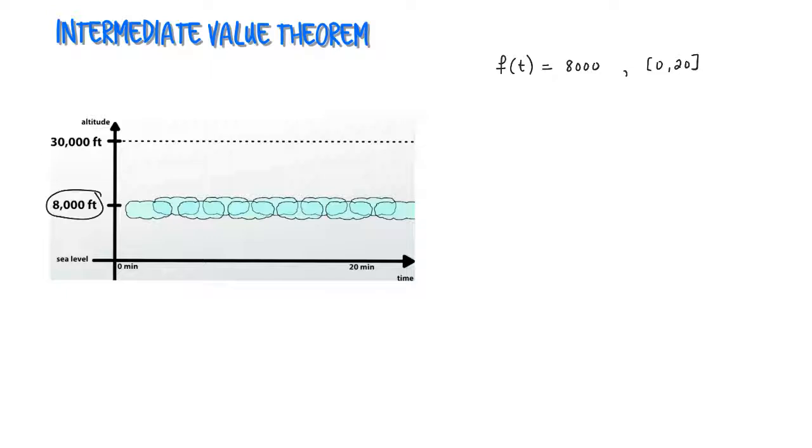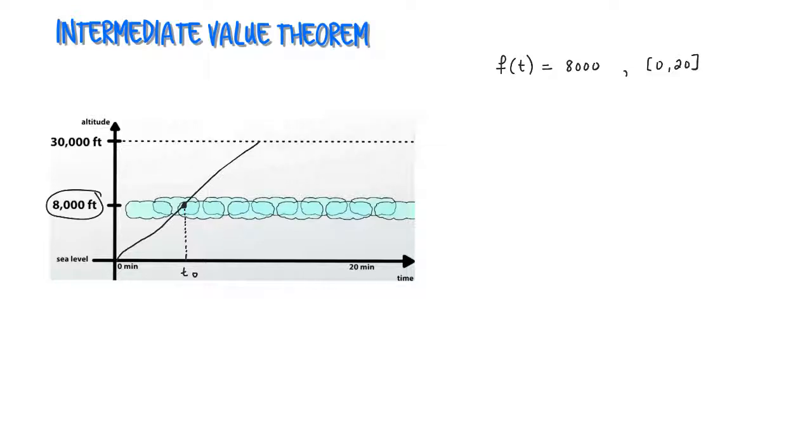That function, I don't really care how the shape of the graph looks, but somehow it has to be smooth, super smooth, to be able to pass through 8,000 feet. And whenever that graph is very, very smooth, it is going to connect with 8,000 at a time between 0 and 20 minutes.